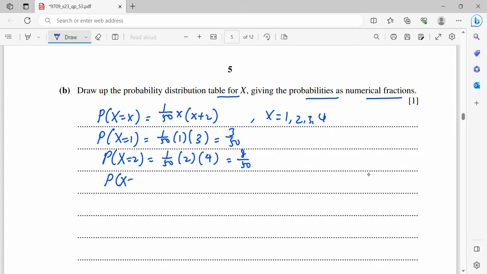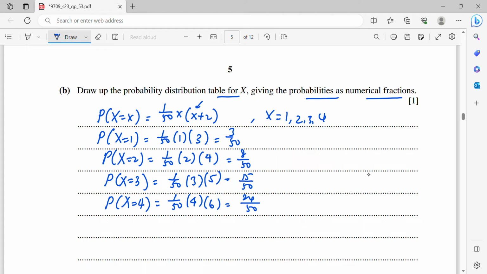Then when P(X = 3), it will be 1 over 50 times 3, then 3 plus 2, it will be 5. I'll get 15 over 50. Then when P(X = 4), it will be 1 over 50, 4 times, when x is 4, 4 plus 2 is 6. So it will be 24 over 50.